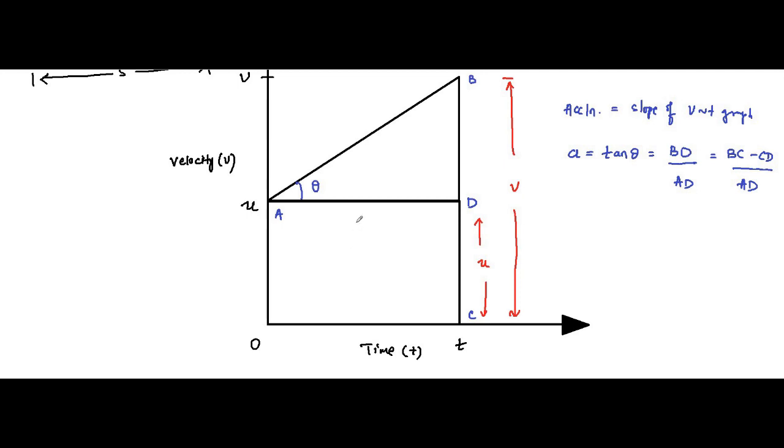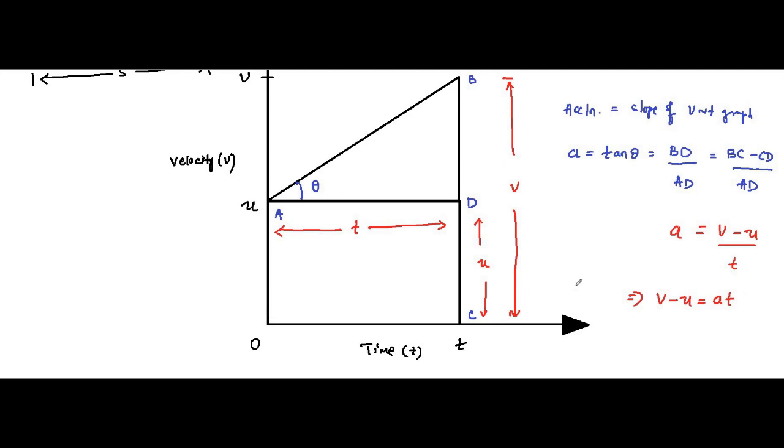AD is nothing but the time, which is equal to OC, same thing. And here if we substitute these values, BC is equal to v, CD is equal to u, AD is equal to t. This is equal to a, acceleration. That implies v minus u is equal to at.